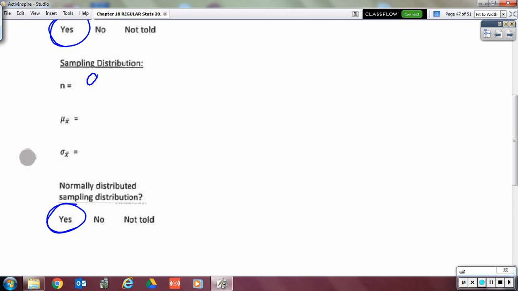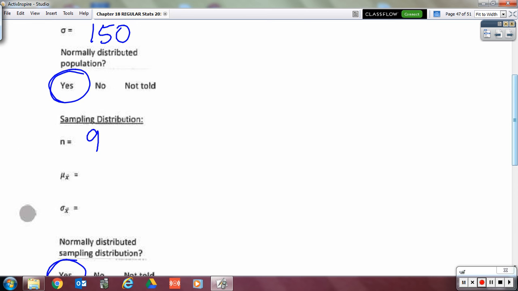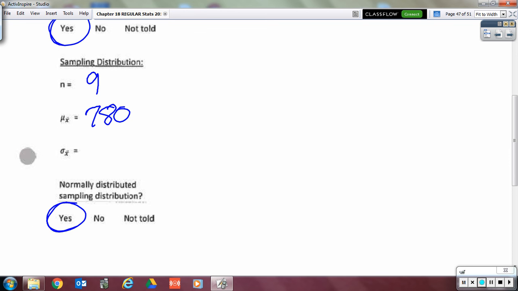Very good. Now, do you remember that the mean of the sampling distributions will always be the same as up above? So what does this mean right here? It's still 780. But this standard deviation is not 150. What is it going to be? It's going to be standard deviation over the square root of n. So there's the formula, which makes it 150 over the square root of 9, and then you do that math and you get that.